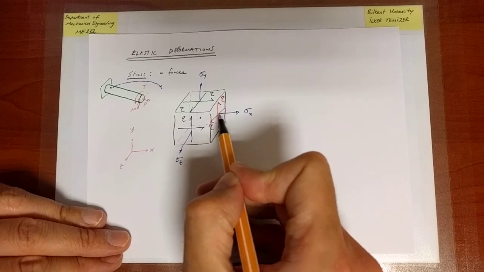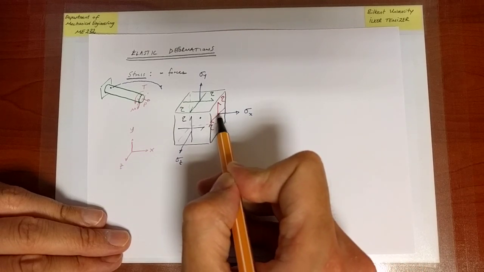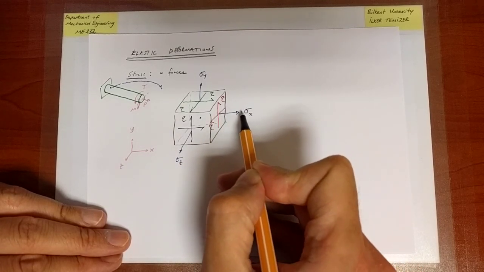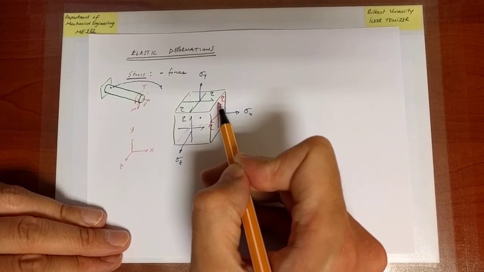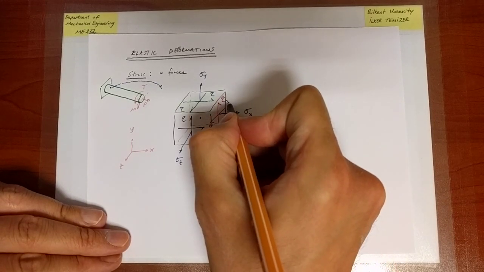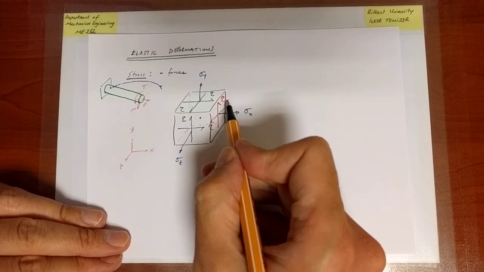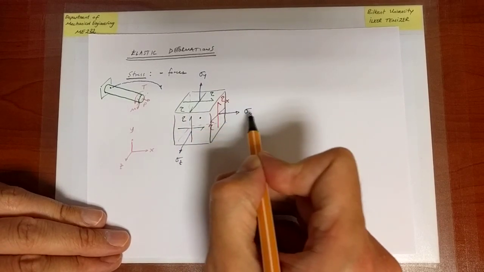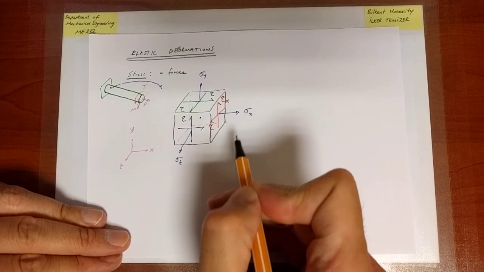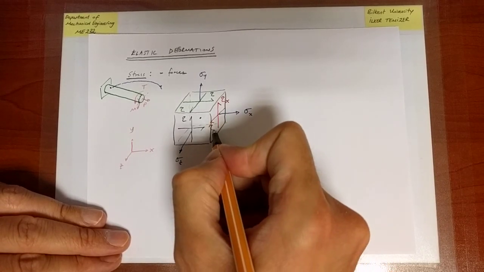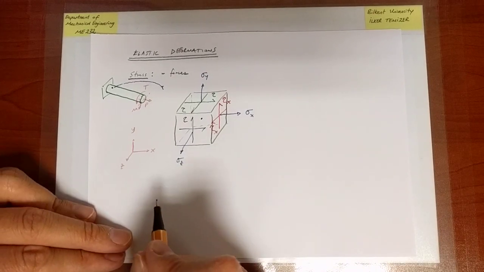This plane is the plane with normal positive x. Therefore, in that direction, there is a normal stress sigma x. So the first index of the shear stress is going to indicate the component that is associated with the normal to the plane, the index of the normal stress, if you like. So the first index is going to be tau x.